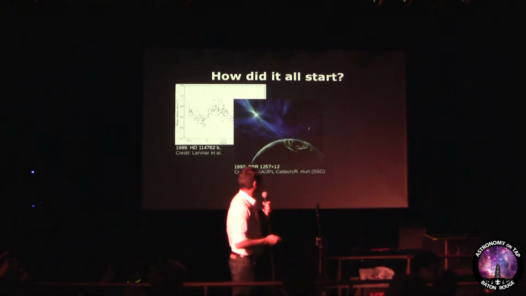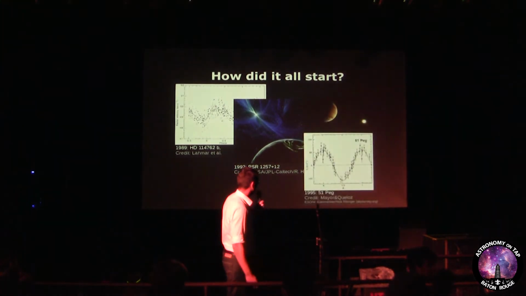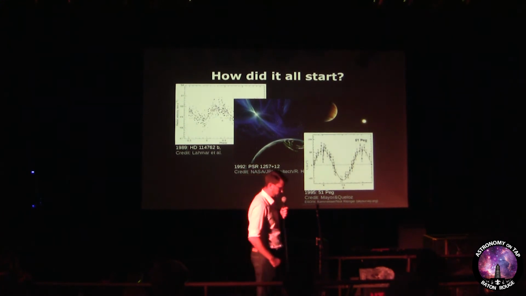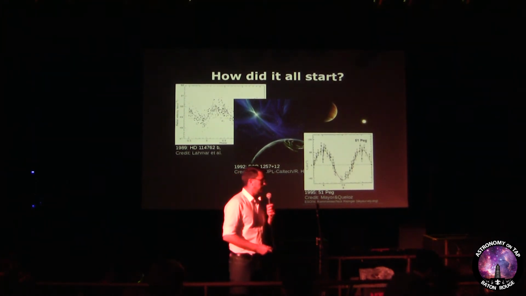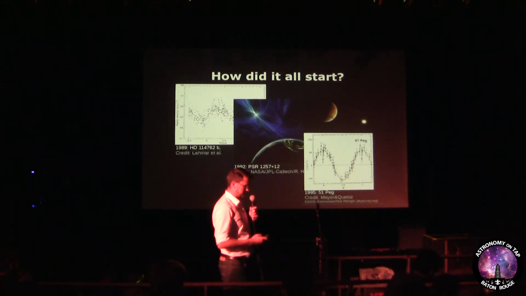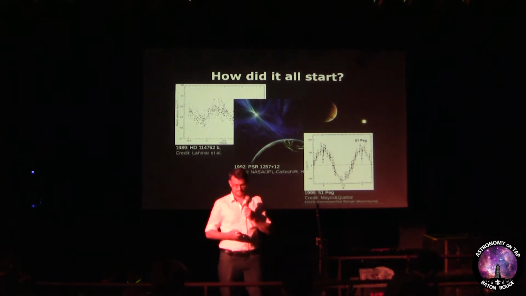So it's a very weird astronomical object. And then in 1995, there was a kind of breakthrough where, again, with the radial velocity method, a planet was, and this time they really called it a planet, discovered around a solar-type star, 51 Pegasi.